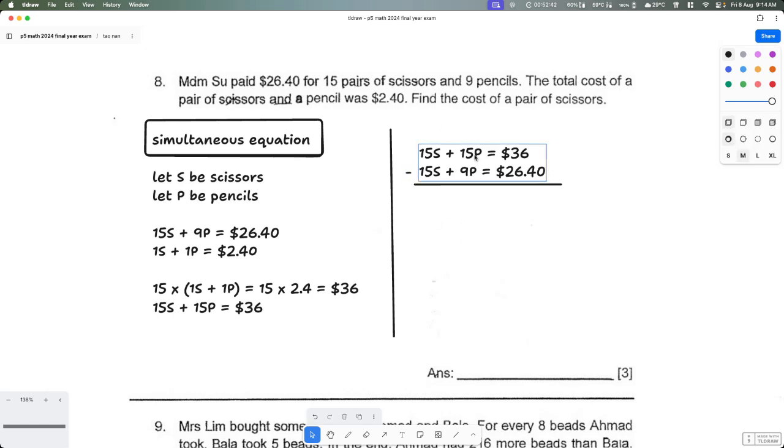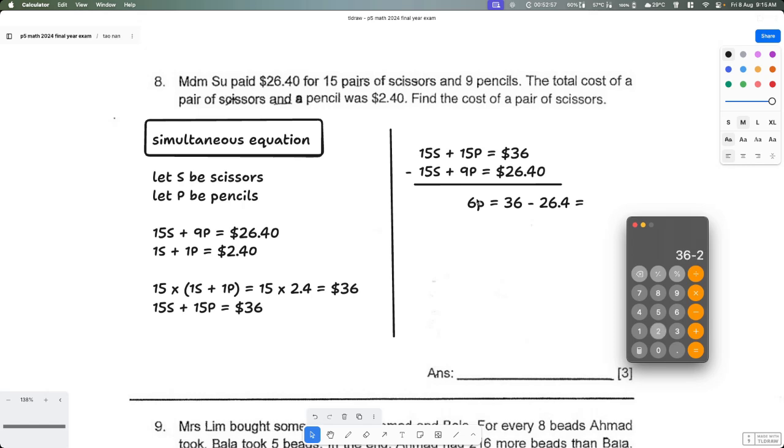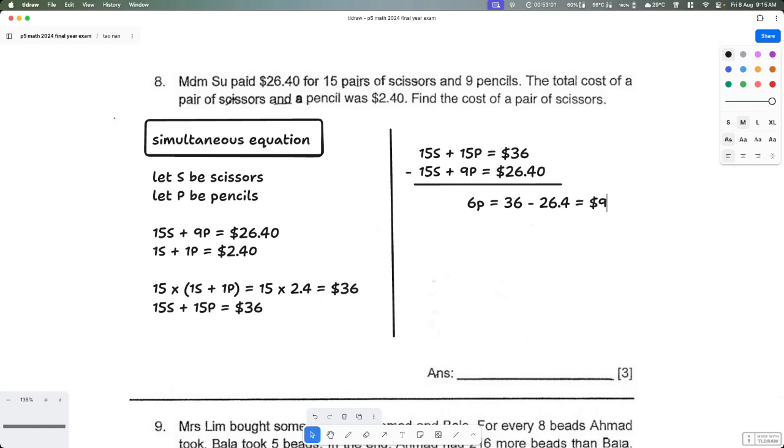So 15p minus 9p will be 6p, which is equal to 36 minus 26.4. This will give us $9.60.